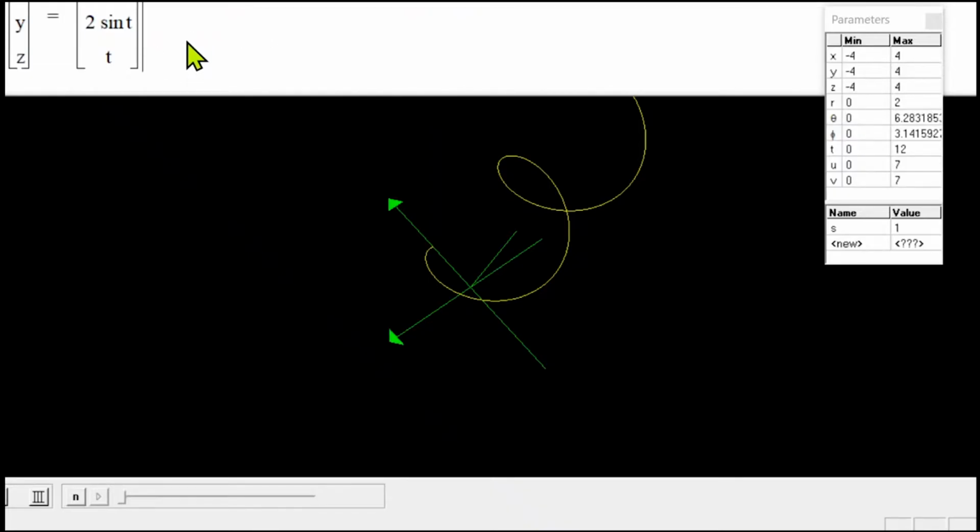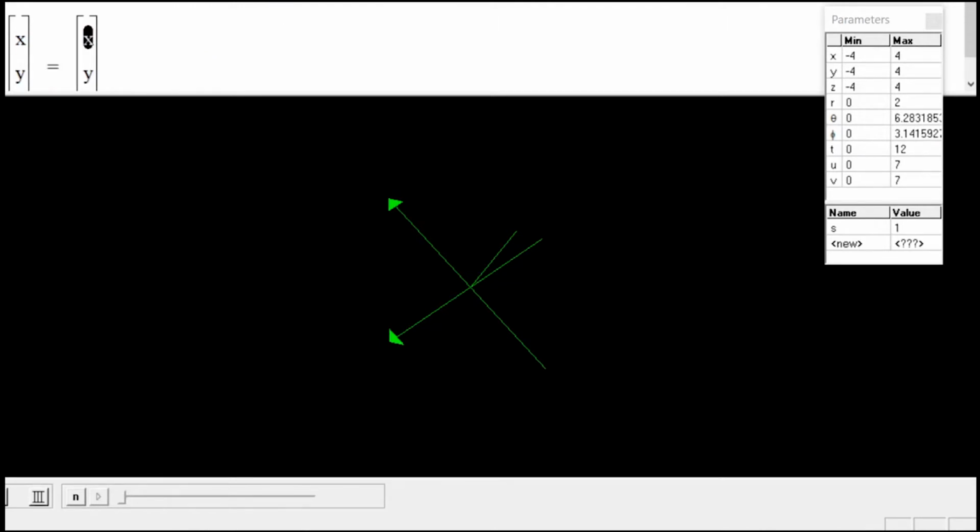Instead of this, why don't I create a new vector function so that we can see both of them together? So that is equal to x, y, z. I'm gonna bring this thing down a little bit so you can see it. So instead of just 2 cosine t, I'm gonna do this.